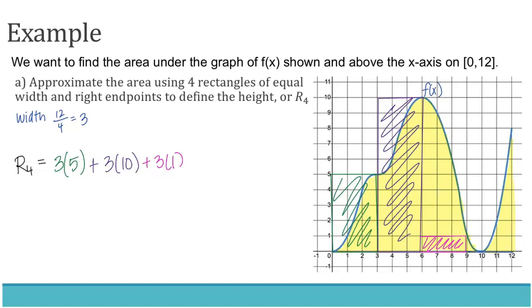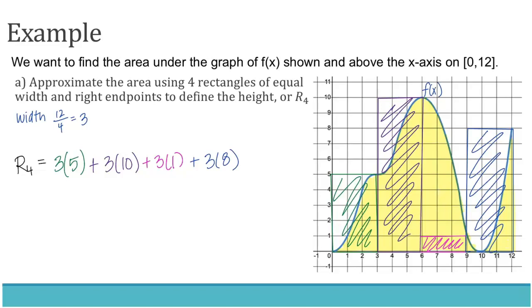And finally, the last rectangle extends from the x value 9 to 12. 12 is on the right-hand side there. If I use that to define the height, at 12 it is 8. So over that entire interval, I'm going to have a height of 8. So the area of that last rectangle is 3 times 8. So now R4 is simply adding up all of these values.